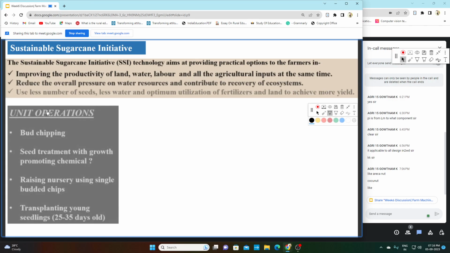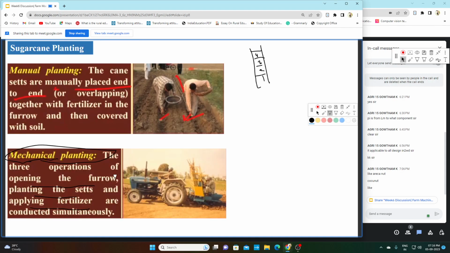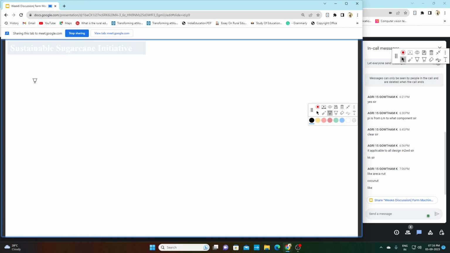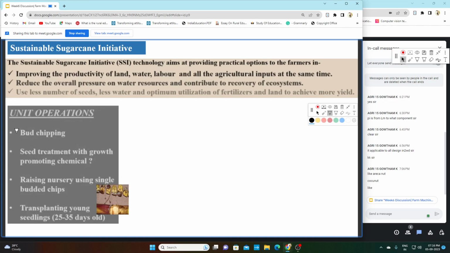Now unit operation, how it operates. In case of this SSI, we are planting this bud. Unlike in the other method, where we are using the cane sets of sugar cane, in SSI we are using bud chips.